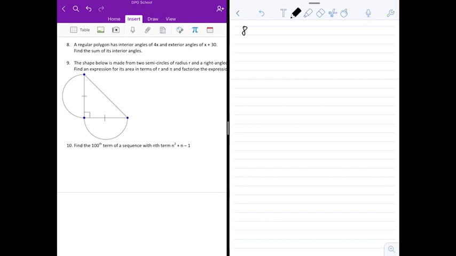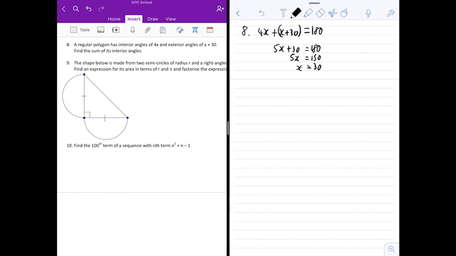For question 8, we're going to use again the fact that interior and exterior angles add up to 180 degrees to find x. So 4x plus x plus 30 is going to give us 180. Tidy this up a little bit. And x is going to be 30 degrees.